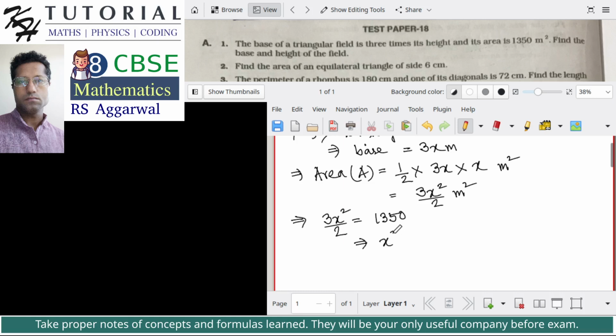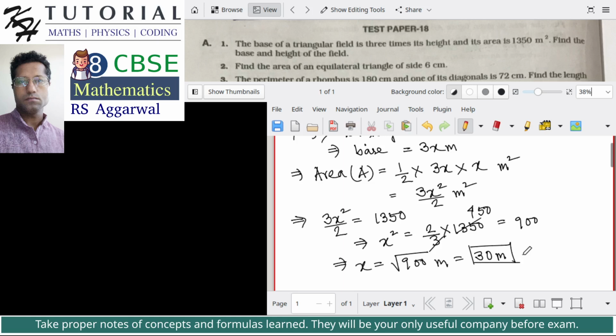So x square will be equal to 2 by 3 multiplied by 1350. So let's simplify the right hand side and we get 450, this is 900, which is a perfect square. So x will be equal to square root of 900 meter, which is equal to 30 meter. So x is 30 meter.